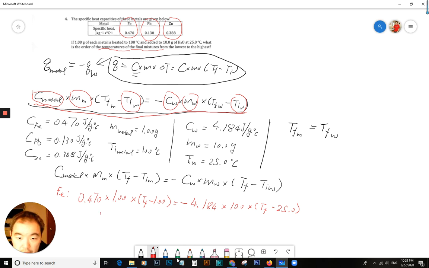Here is 0.470 times T final minus 47.0, equal to negative 41.84 times T final minus 25.0.